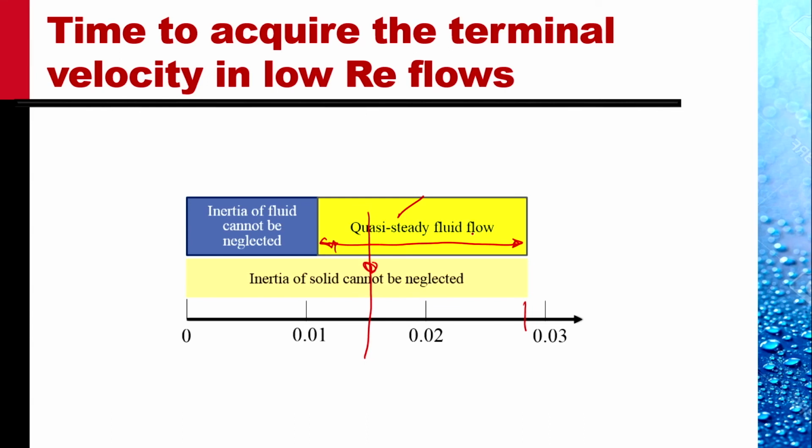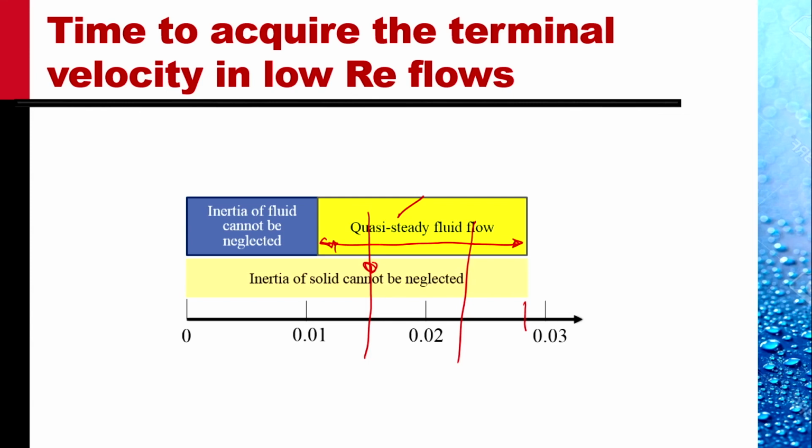At a later time, the velocity of the solid sphere would be larger. So the velocity field in the fluid would be like a steady velocity field with the ball moving at a larger speed.